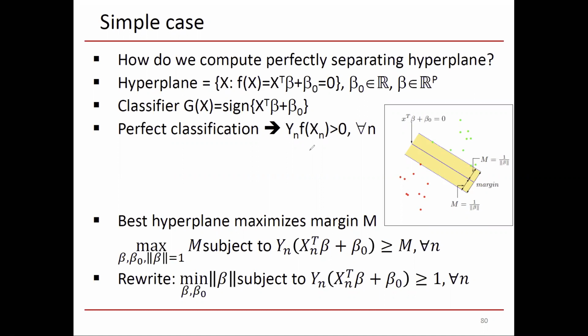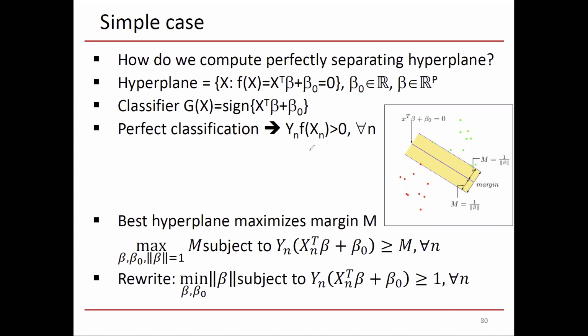Perfect classification implies that yn, the actual class of element n, multiplied by the function evaluated at xn, is always positive for all the n's. Now, if you have a hyperplane that achieves this positivity, that's good.